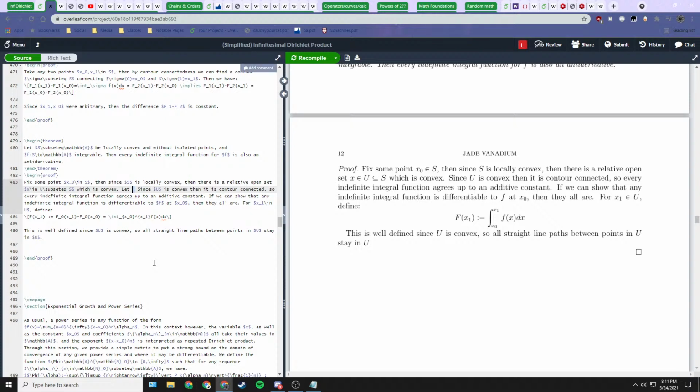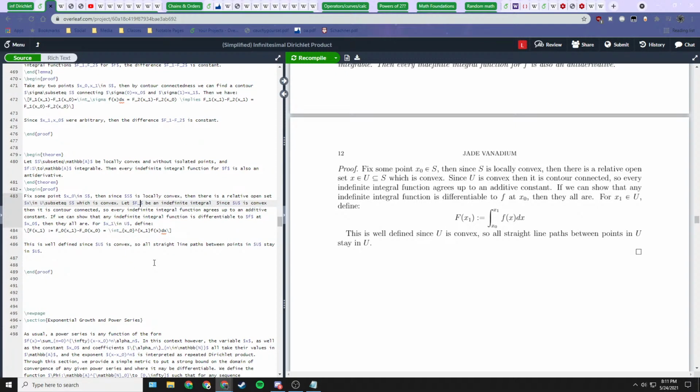I guess we don't really need this lemma in that case. So let F be, actually use F sub 0, an indefinite integral function for f.